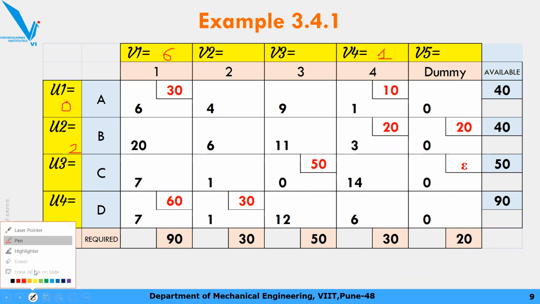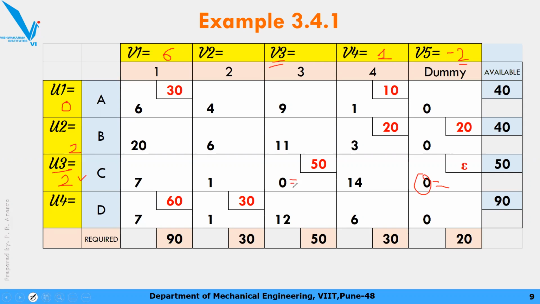So do these calculations like this, v5 becomes minus 2. नेक्स्ट वन, अब देखो यहाँ पे जंप मारते, 0 equal to minus 2 plus how much becomes 0, so it should be plus 2, so u3 should be 2.